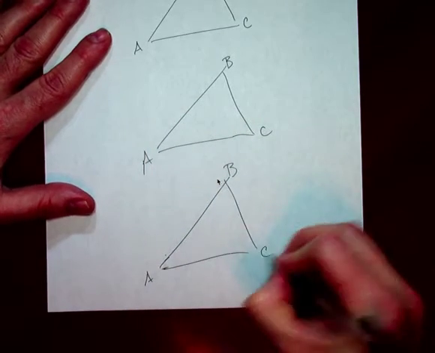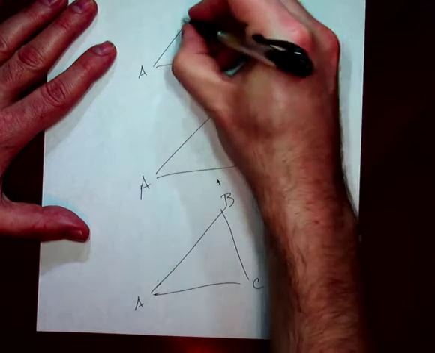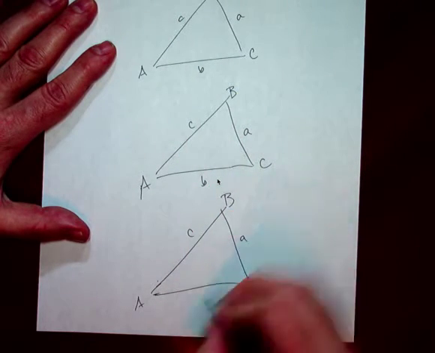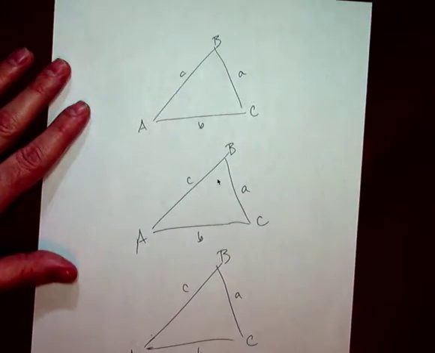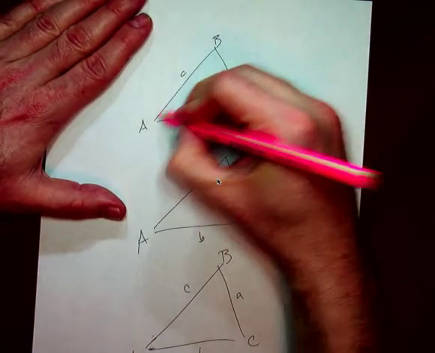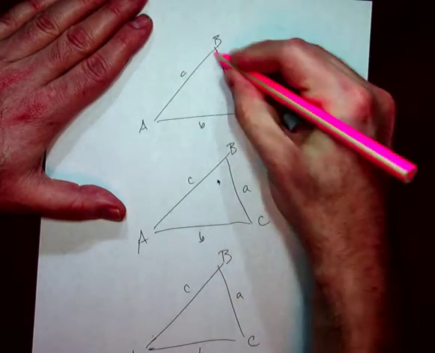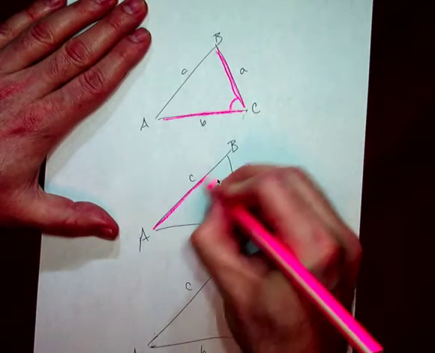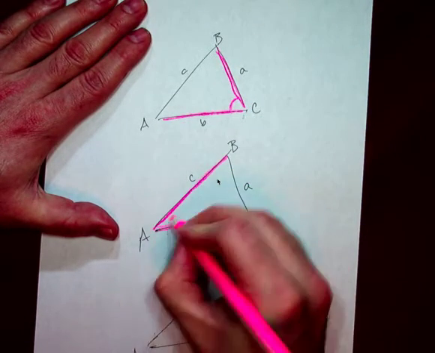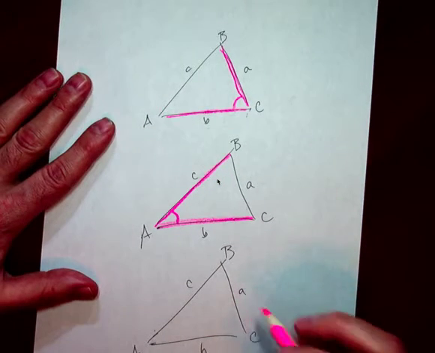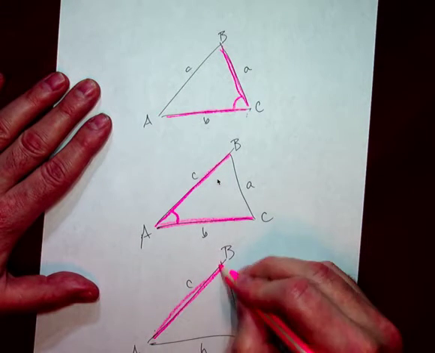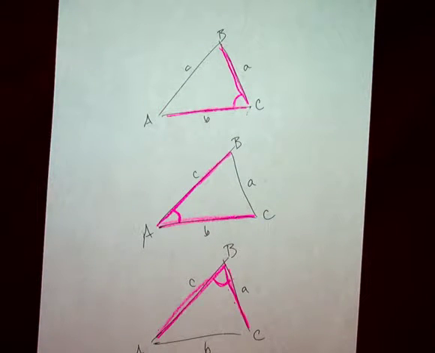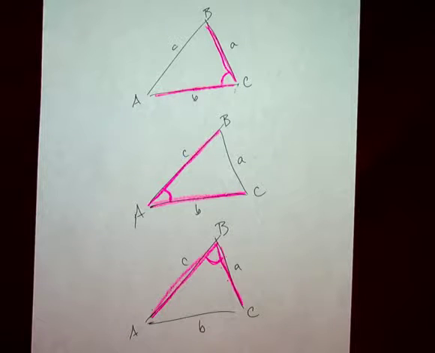This is A, this is B, this is C. This area formula works if I have A, B, and angle C, if I have B and C and angle A, or if I have A and C and angle B. This works when I have two sides and their included angle.